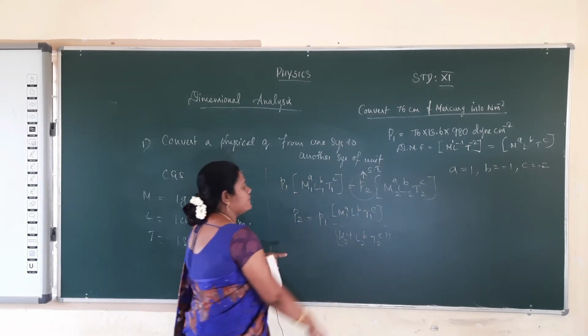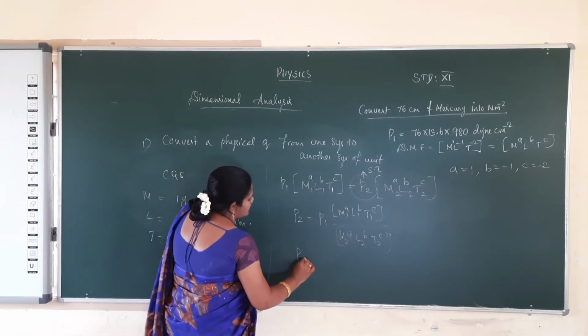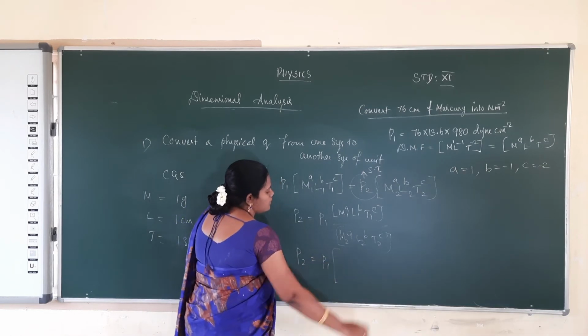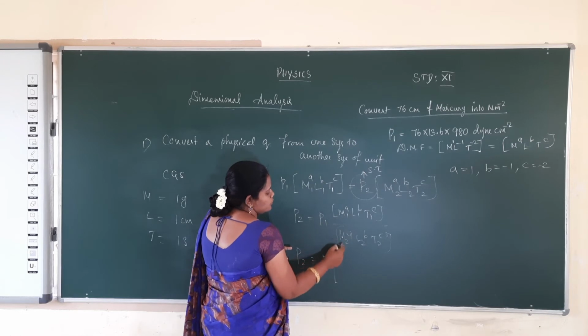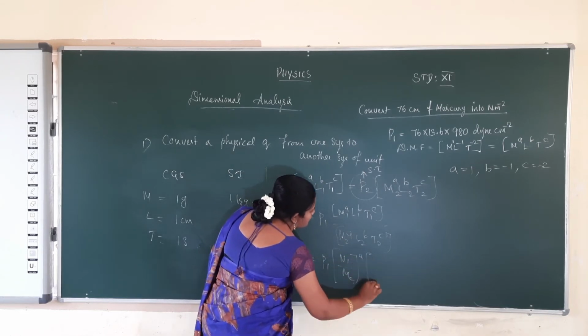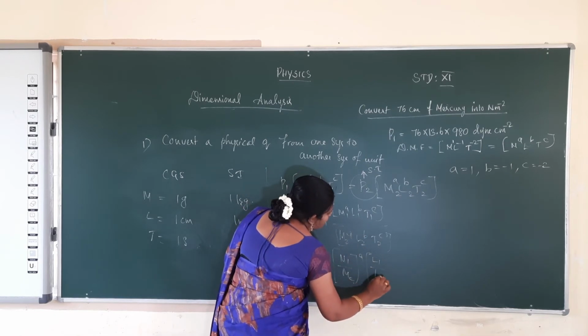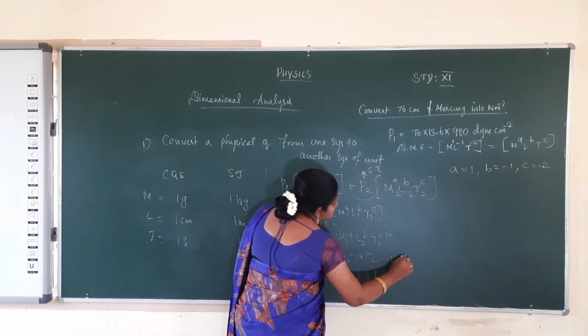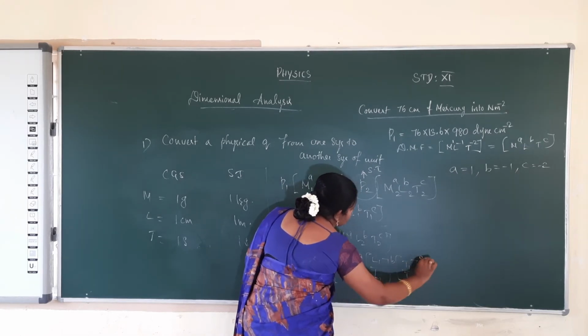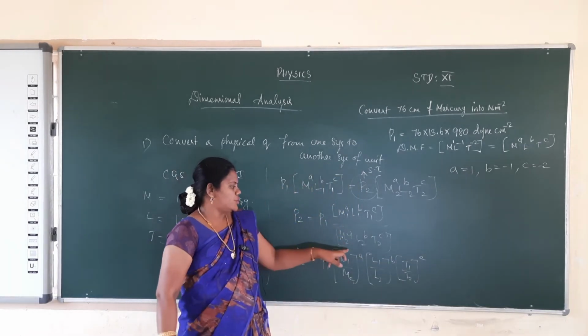Okay, clear that? Then P2 is equal to P1 into the whole bracket of M1 by M2, the whole power A, L1 by L2 the whole power B, then T1 by T2 the whole power C. All of you understood?